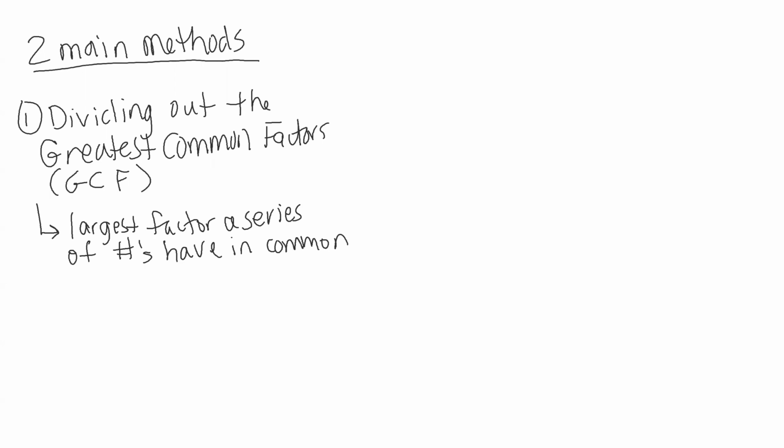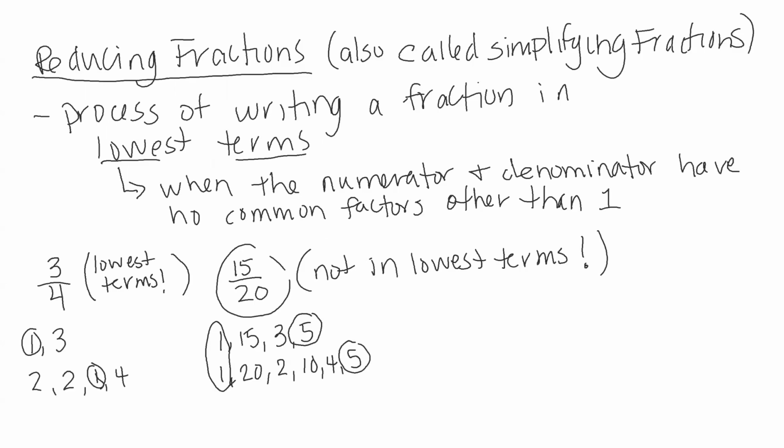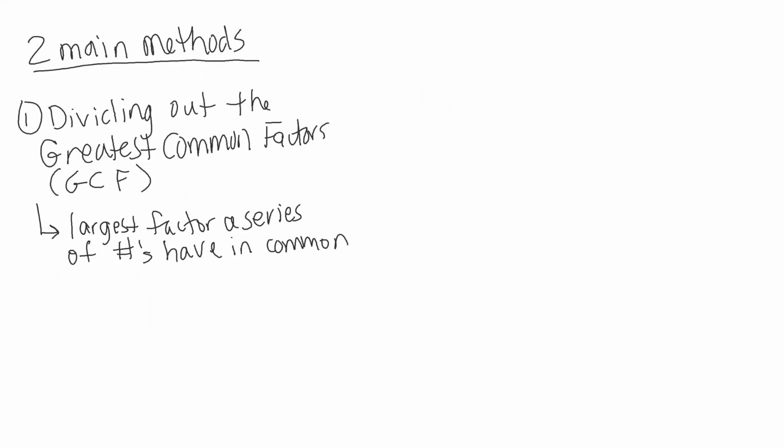So if we go back to this previous example, we looked at 15/20 to see if it was in what's considered lowest terms, and we found out it wasn't. We had that 1 in common, that factor of 1, but we also had a factor of 5 in common. And that happens to be the largest factor that's in common between 15 and 20. All right. So that would be considered the GCF. Okay.